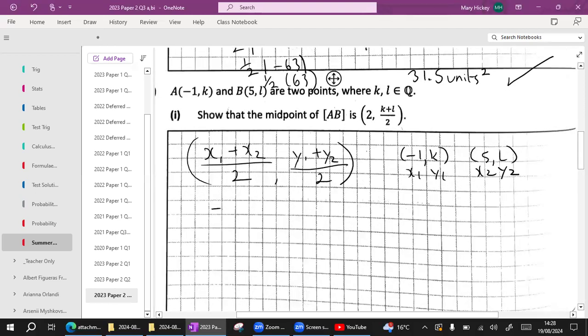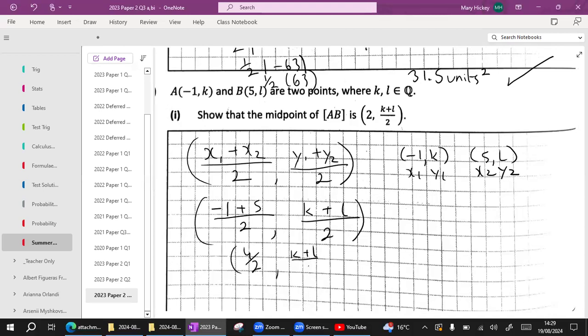So x1 is -1 plus 5, all over 2, and then I have y1, which is k, plus y2, which is l, all over 2. That gives me 4 over 2, k plus l over 2. So that is 2, comma, k plus l over 2, which is exactly what I was asked to show. So job done for that question.